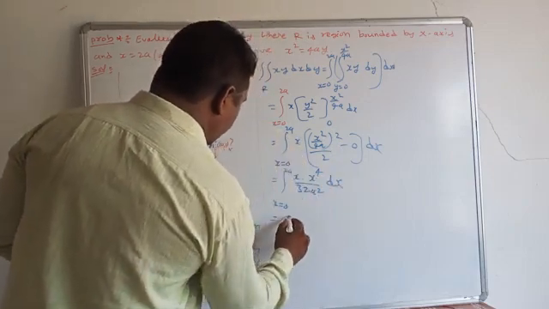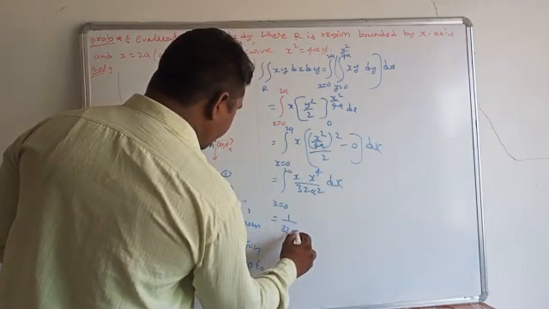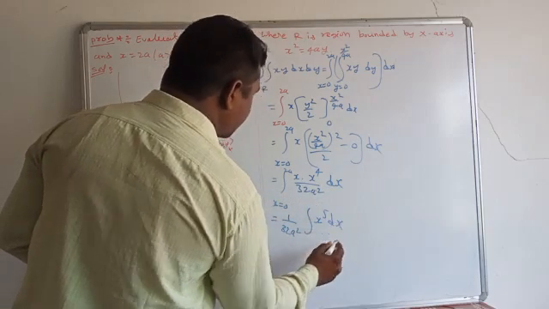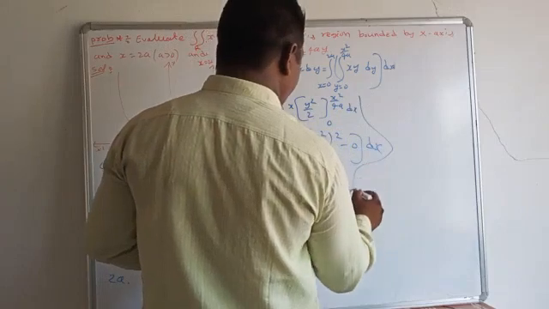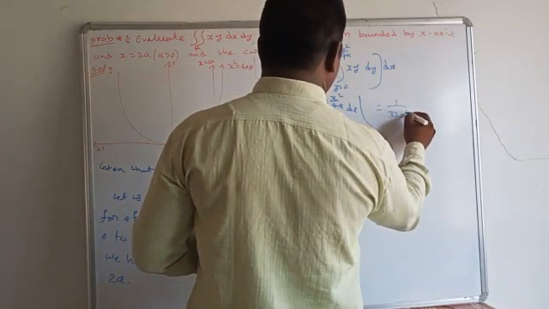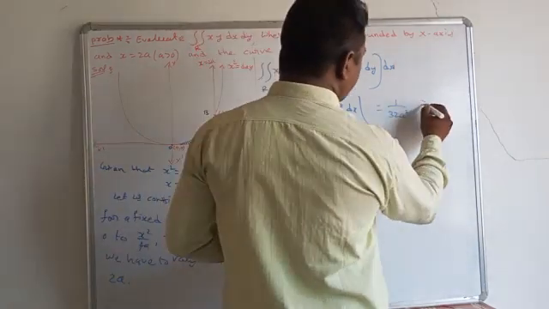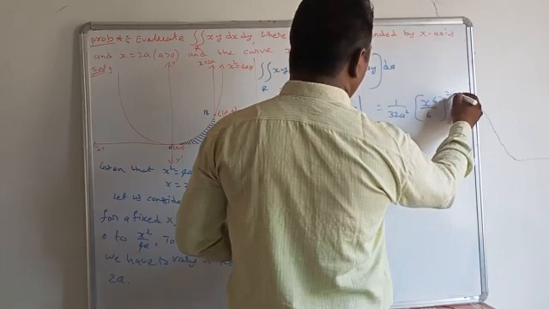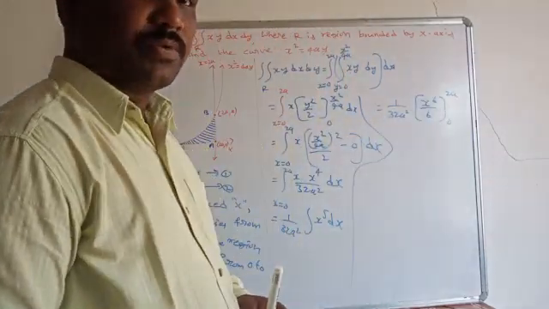ఇక్కడ 1 by 32 a square is constant, integral x power 5 dx, and this finally 1 by 32 a square constant, x power 5 integration x power 6 by 6, the limits vary from 0 to 2a.